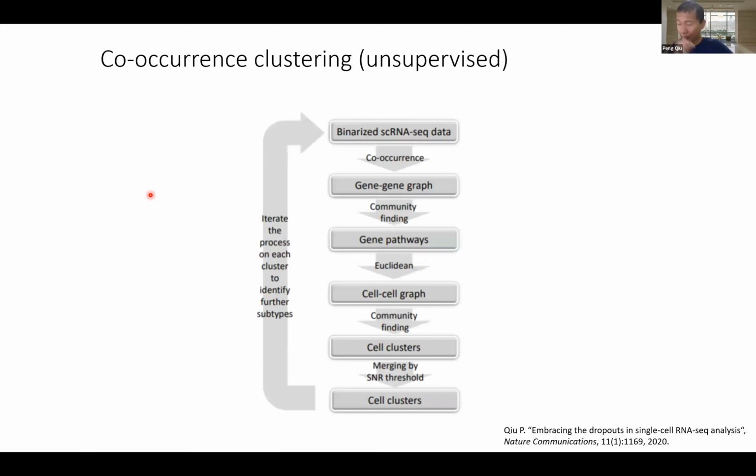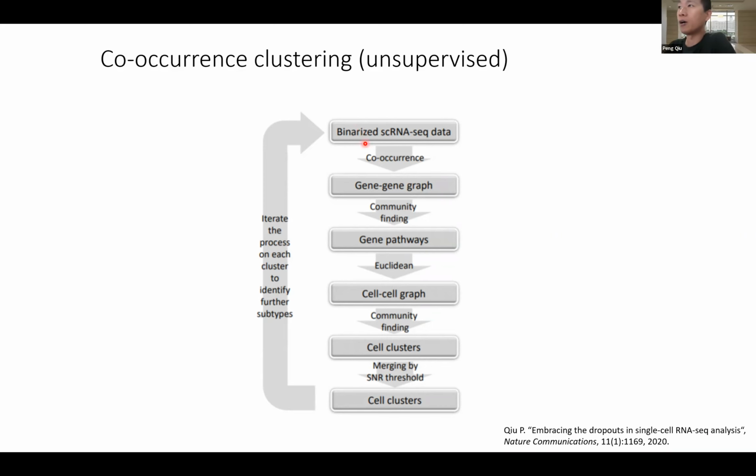All right, so then what I did was that I said, given a single cell RNA-seq data, let me just binarize it. So I turn all the non-zeros into just ones, and the zeros are still zeros. This particular binarization step actually removes the majority of the quantitative information in the data, and what's remaining is just where the zeros are, where the non-zeros are.